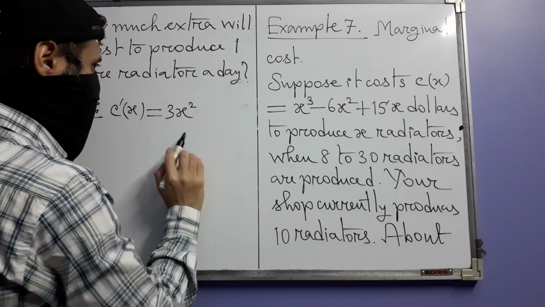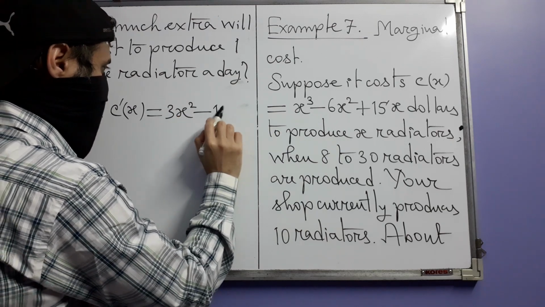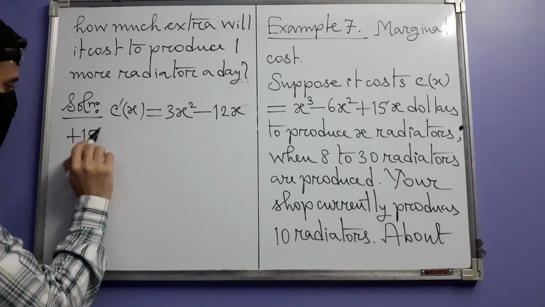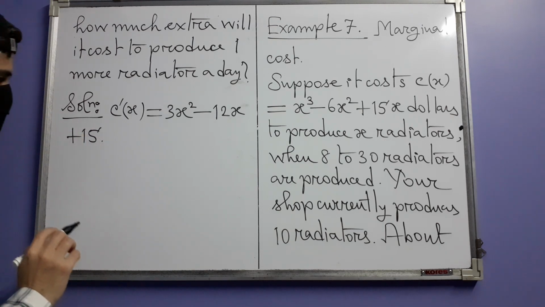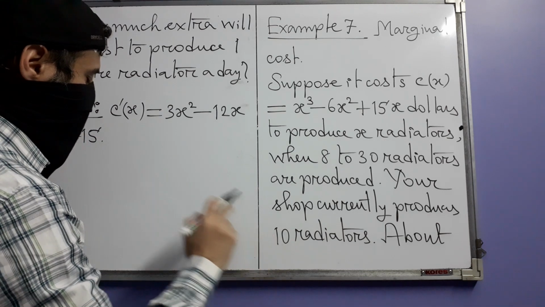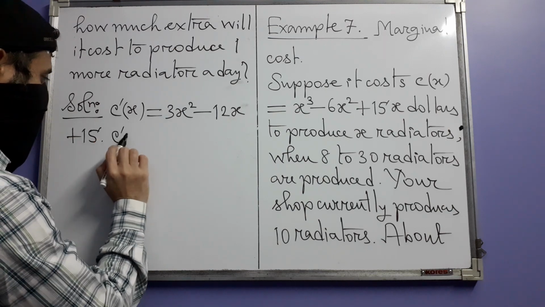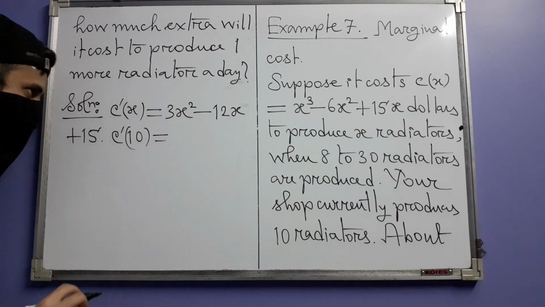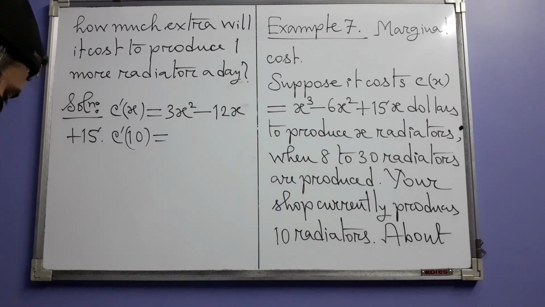By the differentiation rules, we find the derivative to be this. And then to find the marginal cost at this level of production, you calculate this. Okay, and it comes out to be 195.